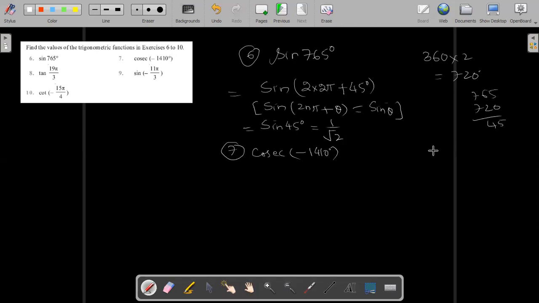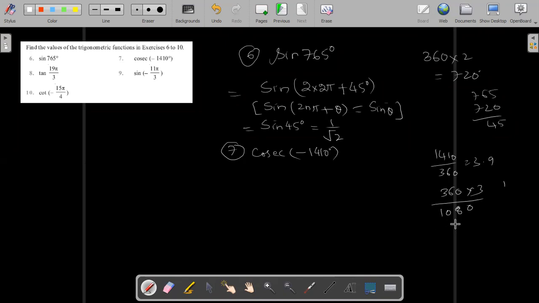First, divide 1410 by 360. When you divide it, you will get 3.9 something. That means 3 times 360. So you multiply 3 again: 3 sixes are 18, 3 threes are 9, 1080.